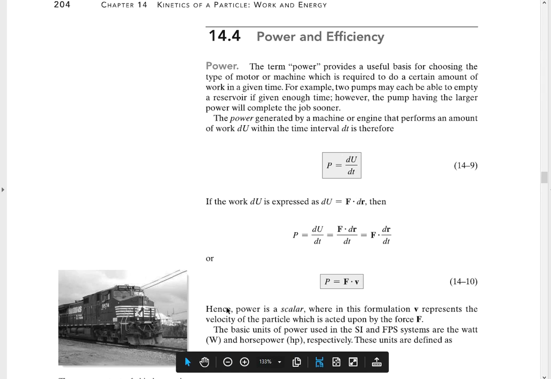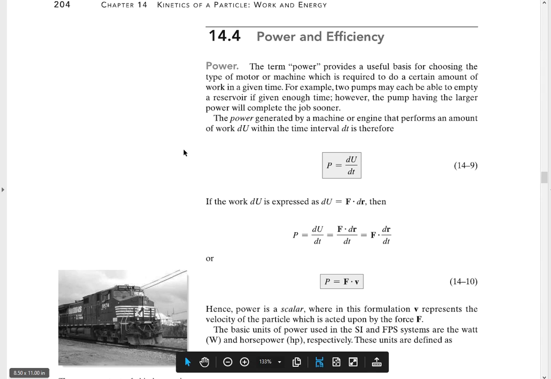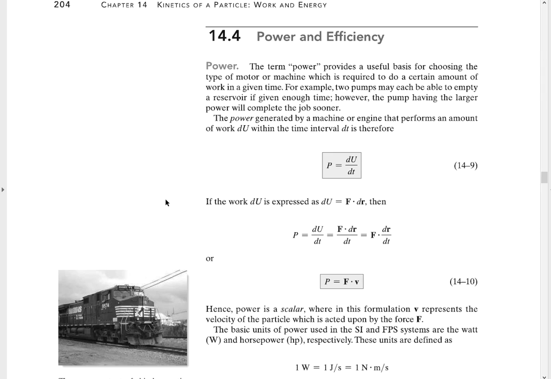You can have two cars, one a small automobile and a big one. The difference between the two is that one has a more powerful engine and will be able to accelerate faster. That's one ability of a more powerful engine.